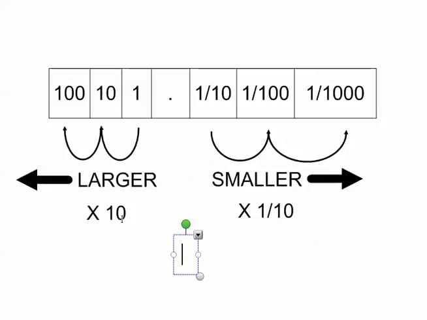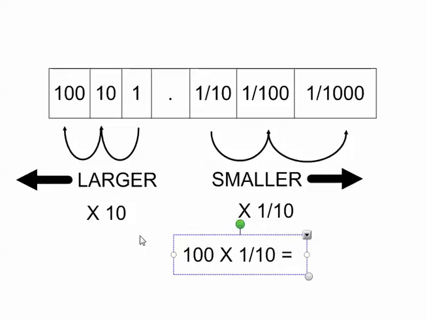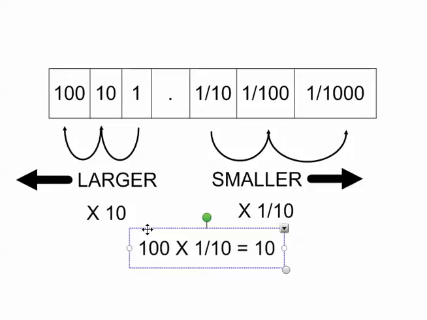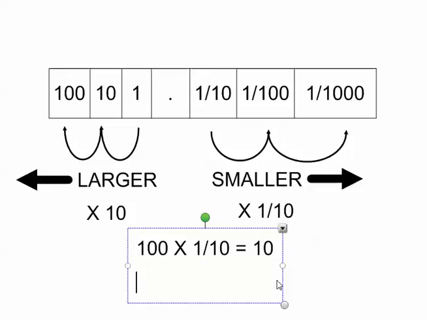Let's say that we were going to multiply a value like the number 100. If we were going to multiply 100 times 1/10, well, what is 1/10 of 100? That would be the number 10. And if we were to now multiply 100 times 1/100th, 1/100th of 100 would be 1.